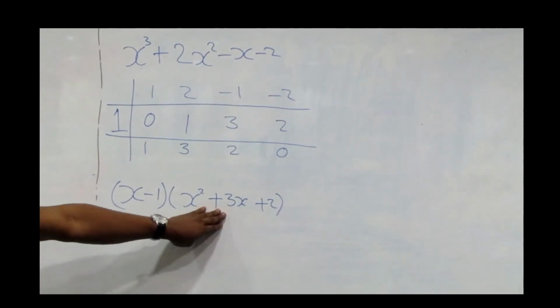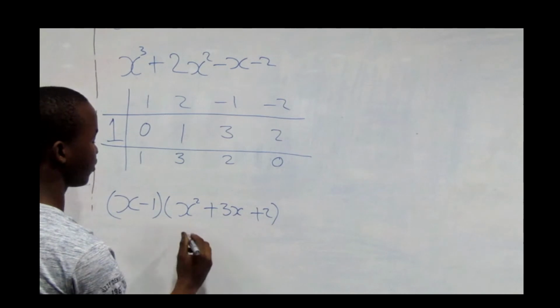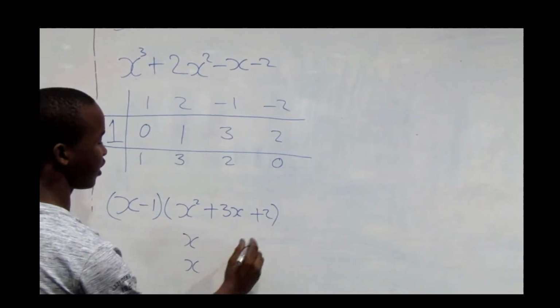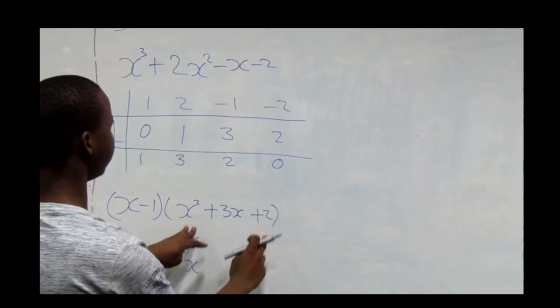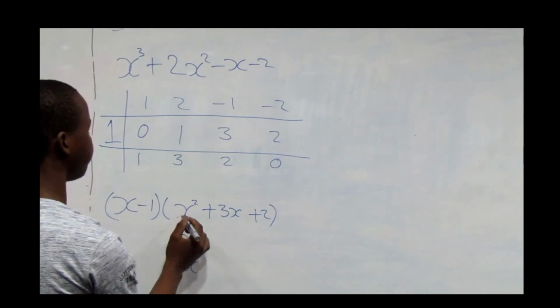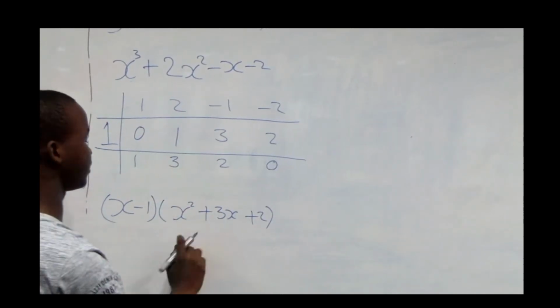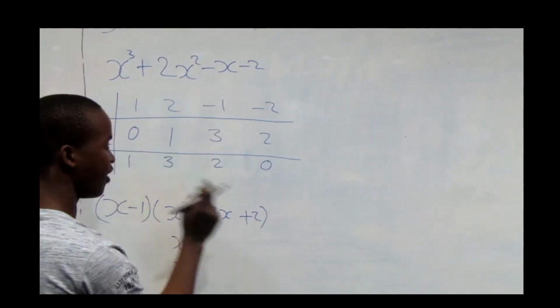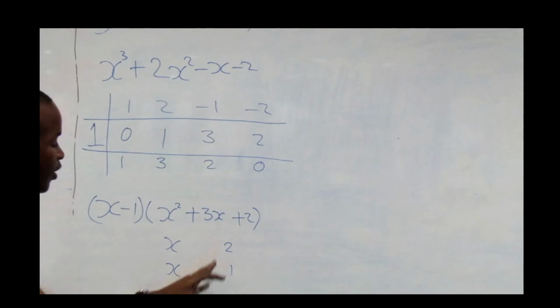Then when you factorize this, how do you remember? When you factorize this, it's gonna be x, x. When you are factorizing a quadratic function, you take the first term and the third term. Then you get the factors of it. Our factors of x^2 are x and x. Factors of 2 are 2 times 1, which is 2 and 1.